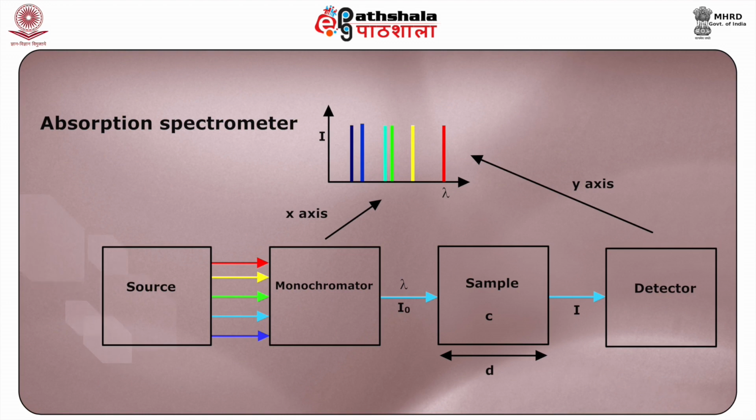Figure 5 shows the basic absorption spectrophotometer and its working, where we have a light source, monochromator, a sample which has to be placed, and the detector with the help of which the absorption spectrometer is recording a spectrum.